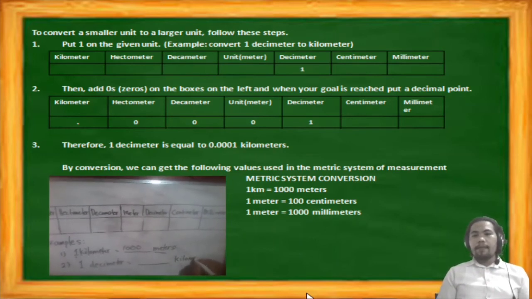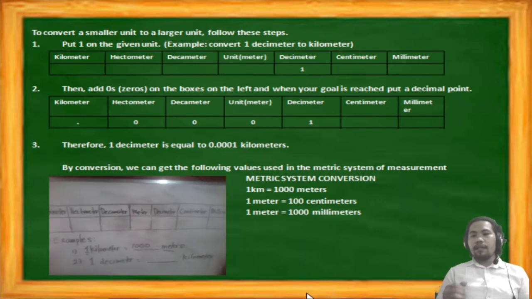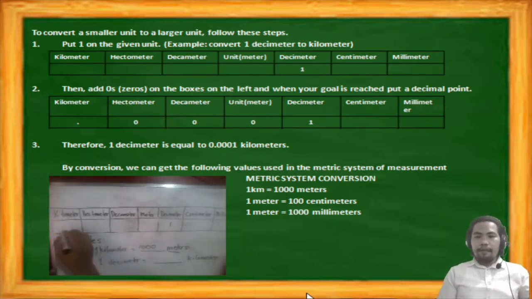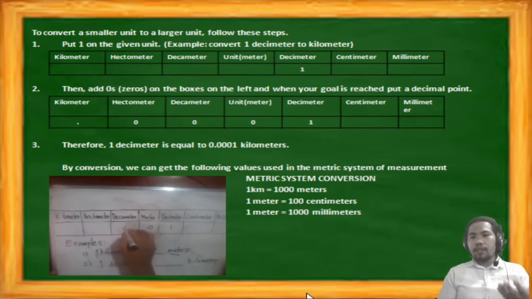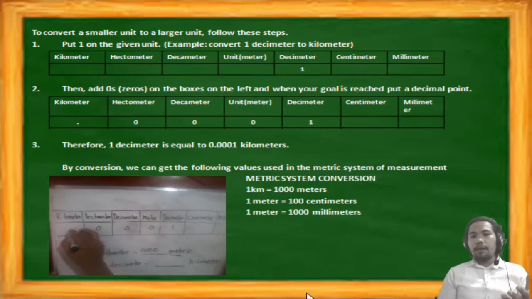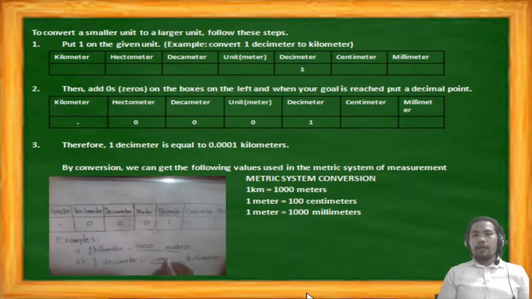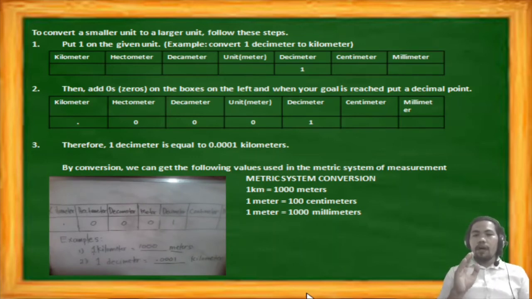Then we are going to add zeros on the boxes going to the left, and when your goal is reached, put a decimal point. So therefore, 1 decimeter is equal to 0.001 kilometers.